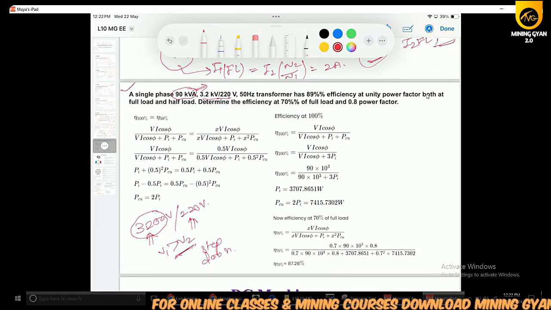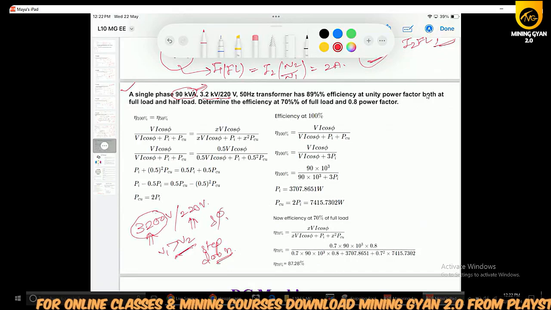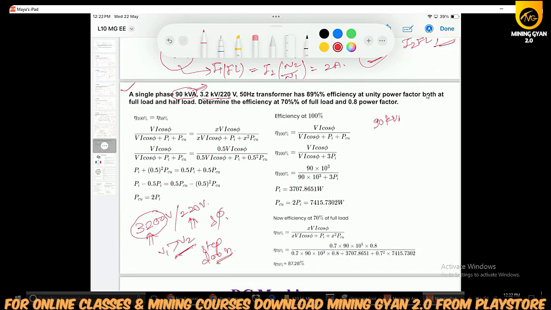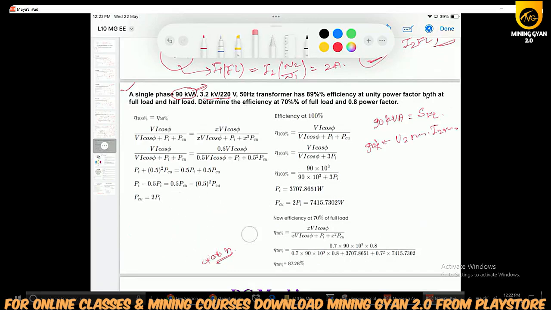So a step down transformer is given, and it is a single phase transformer, and 90 kVA is the rated capacity. S, the rated capacity, equals 90 kVA equals V2 RMS into I2 RMS. So these are the data given in the question.